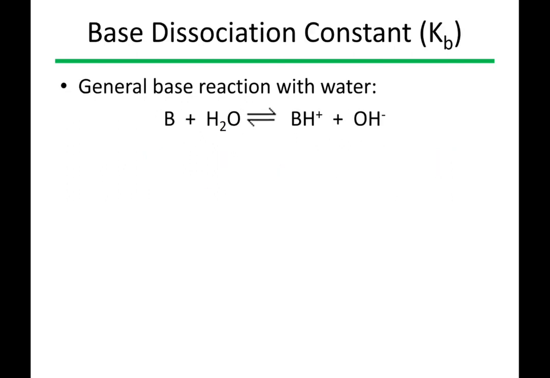Generally speaking, if we're going to write a reaction of a base with water, we will write B for base, so B plus H2O equals BH plus plus OH minus, or you might also see us writing the conjugate base of some other acidic species, A minus, to also show a base reaction. So B and A minus sometimes get used interchangeably.